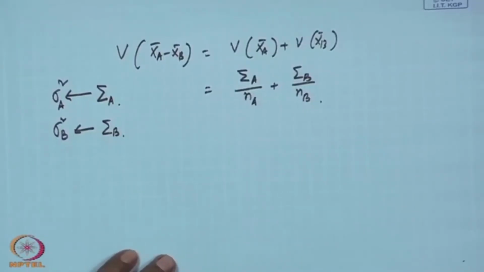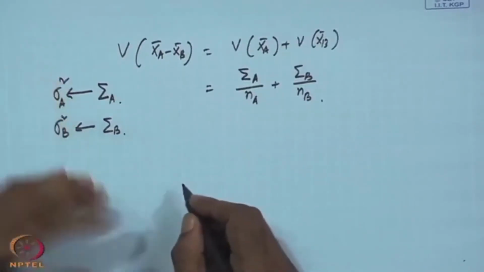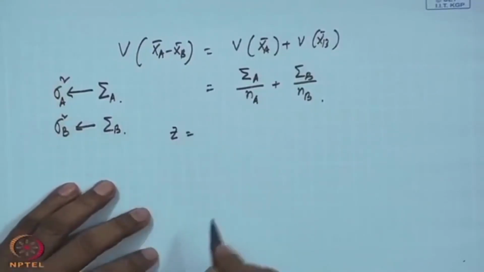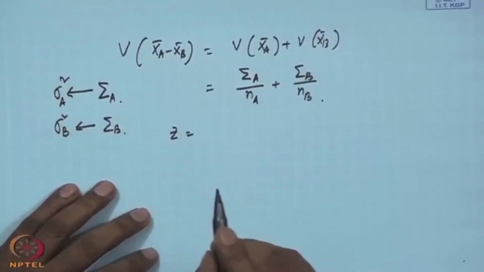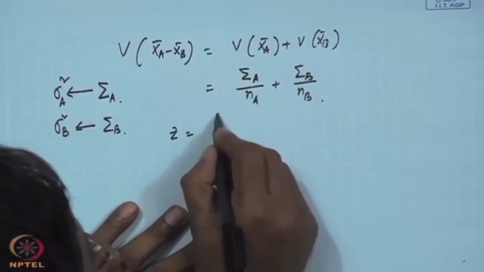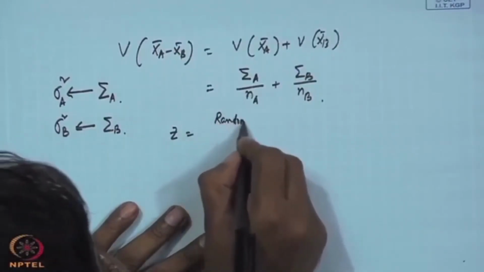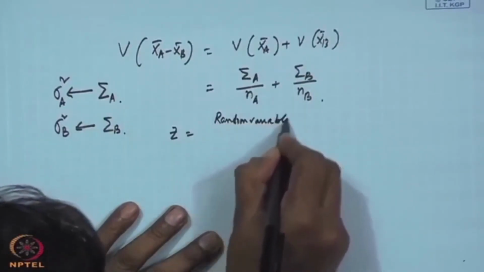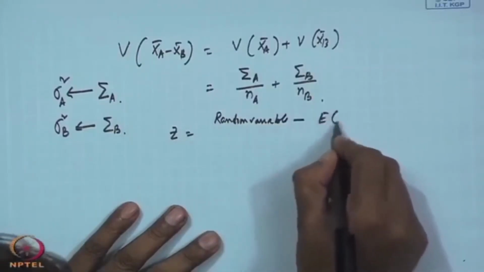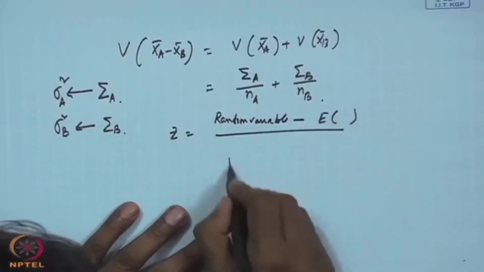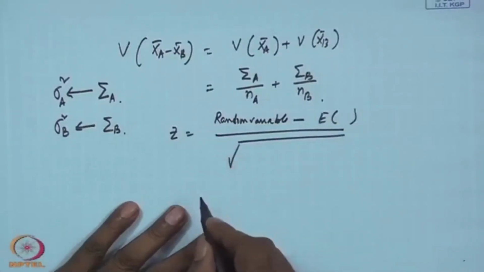Okay. Now, you think what will happen? I want to create Z. The Z approach is, you first write down the random variable minus its expected value divided by the square root of its variance.